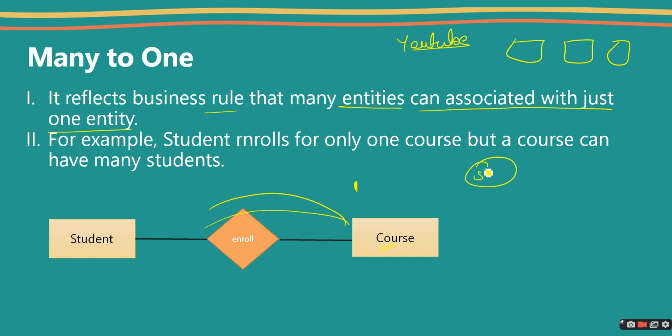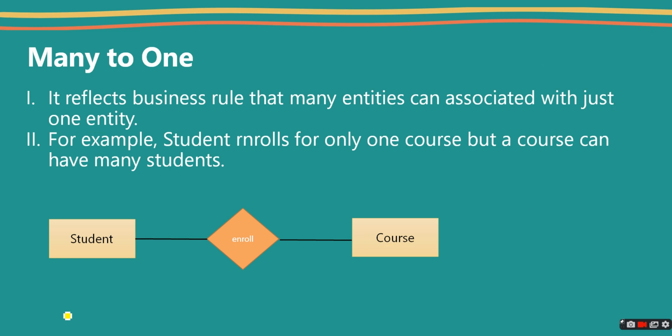So this is student and this is course. One student can enroll for only one course, but a course will have so many students, right? So this is what many to one is. We have different students but only one course, and one course will have n number of students, but each student can only take one course at a time. So this is what many to one is.